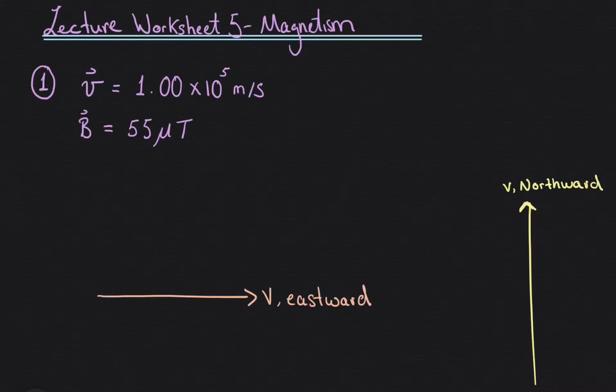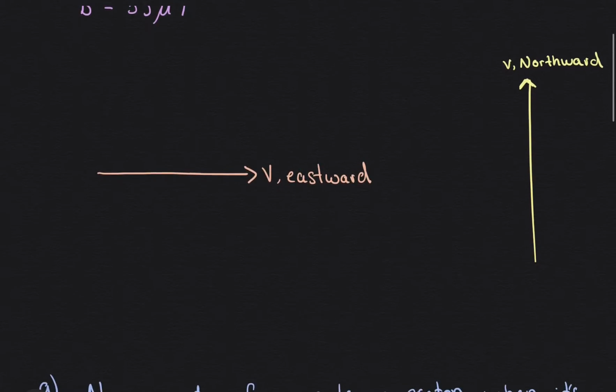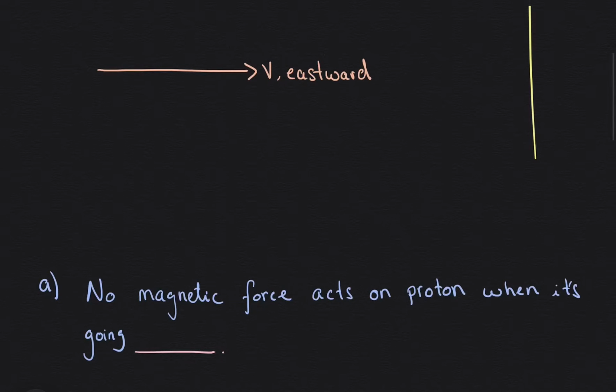Really quickly, I made two arrows illustrating the information that I have. On the left side, we have the velocity that goes eastward, and on the right-hand side, we have the velocity that goes northward. So let me scroll down a little bit. There is no magnetic force acting on a proton when it is going north.